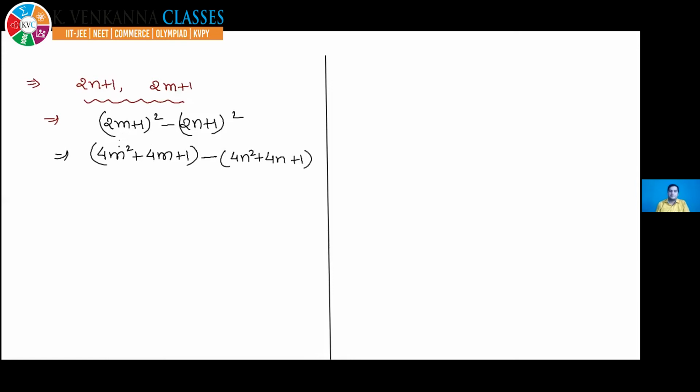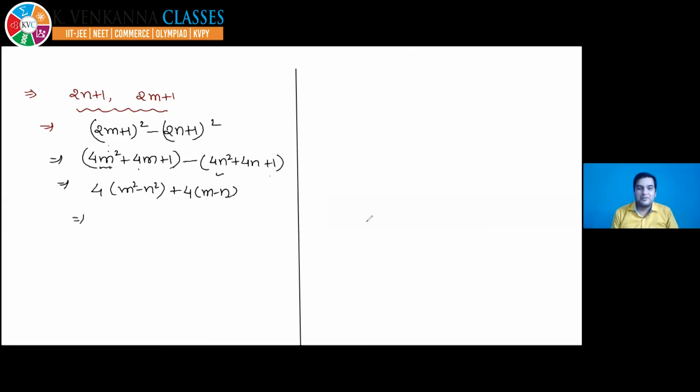Now if we open this, I will get 4 times m square minus n square. Next, 4m minus 4n, so 4 times m minus n, and the 1 and 1 will get cancelled out.